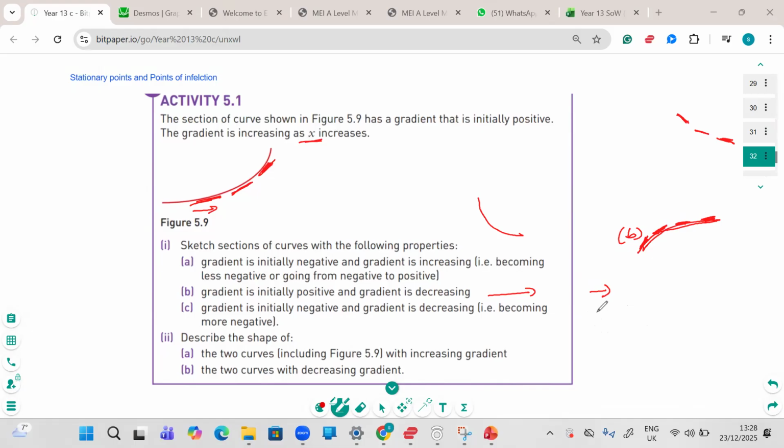So it should be going down, and as you go this side, it should straighten up.